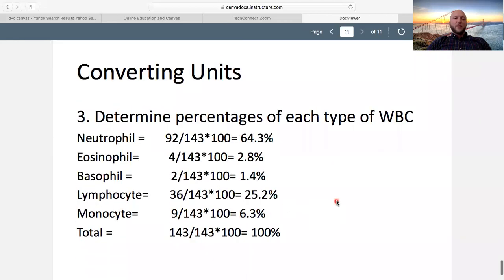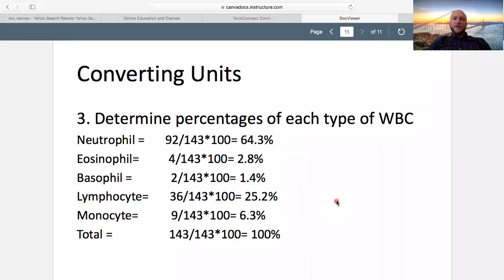Next up, we're going to be doing this in class also. Determine the percentages of each type of white blood cell. So, white blood cells, you might have heard of them. There's lots of different types of white blood cells. We're going to be looking at 5 main types in this class: neutrophils, eosinophils, basophils, lymphocytes, and monocytes.